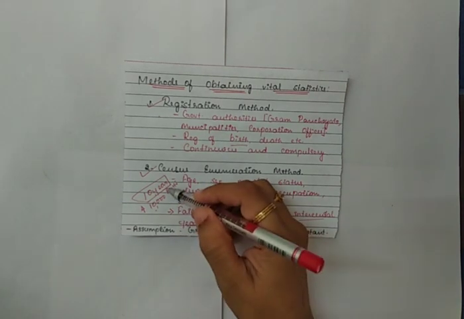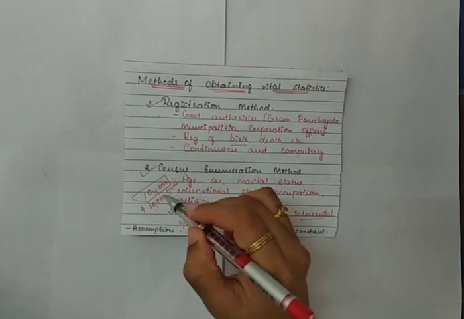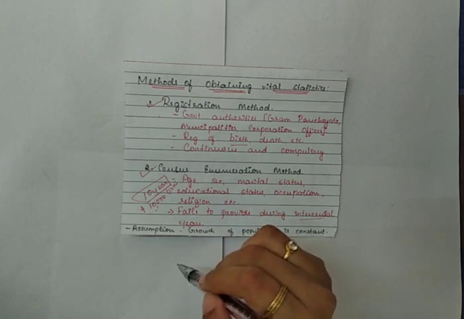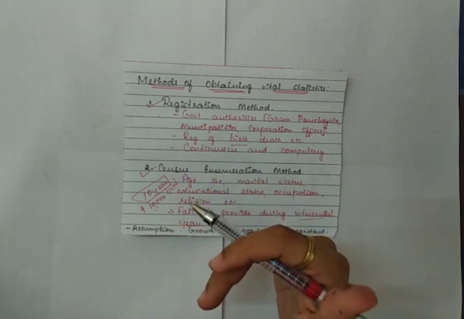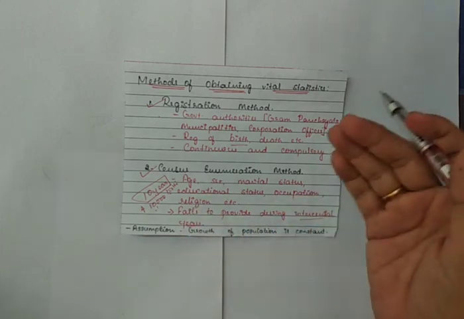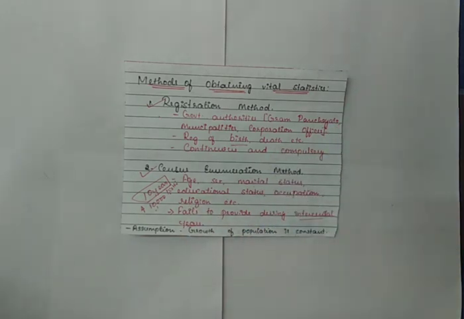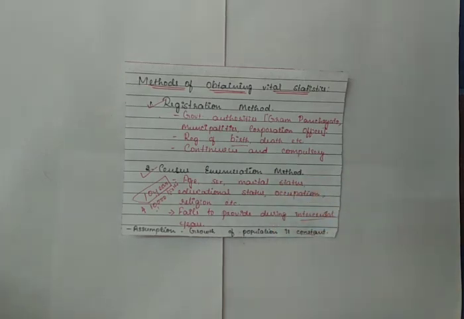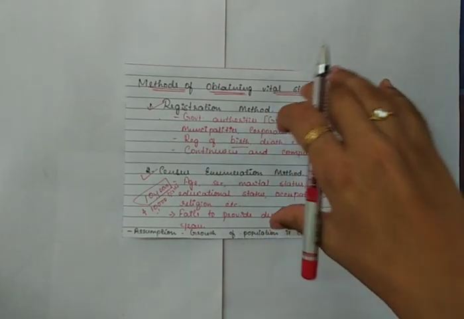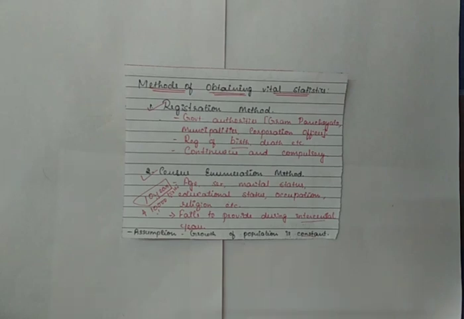That means, if there are 10,000 births in the census year, they assume that next year also there are only 10,000 births. It may vary, it may go to 9,000 or 11,000, but they assume it is constant. So this is one drawback of the census enumeration method. These are the two methods of obtaining vital statistics.